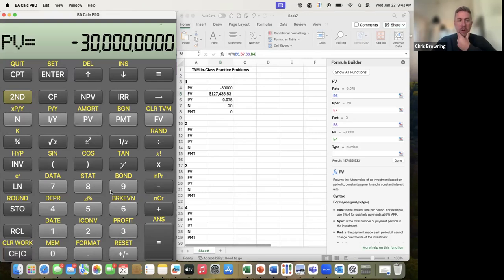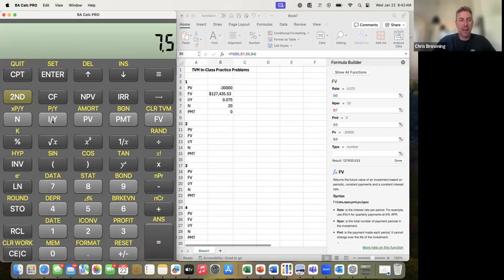So when we're entering these, we're going to enter number first, and then the function that the number belongs to. Okay, so I entered $30,000, made it negative right here, and then assign that to the present value. Okay, once I've done that, I can just move on down the line. I can say 0 is my payment.